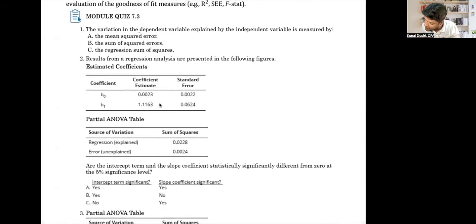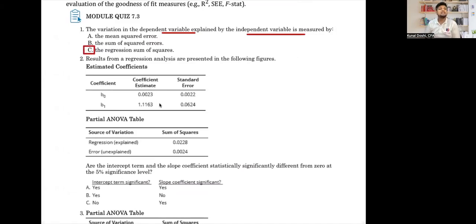The variation of dependent variable explained by the independent variable is measured by the variation in the dependent explained. Remember, that is nothing but your R square, which is the regression sum of square.